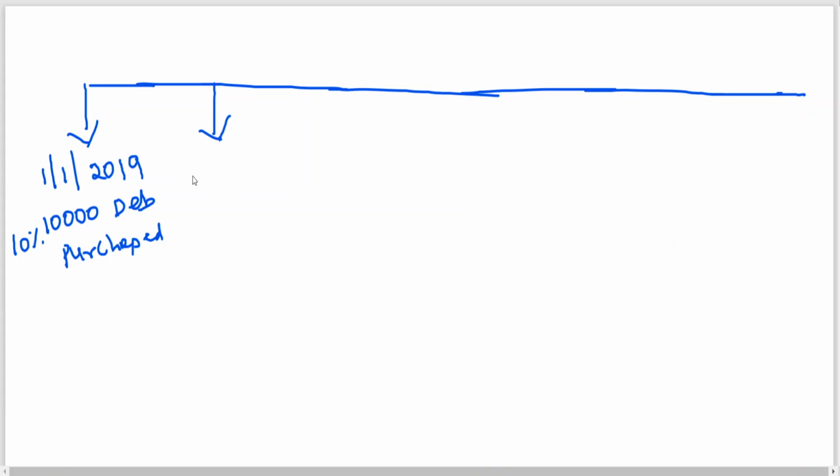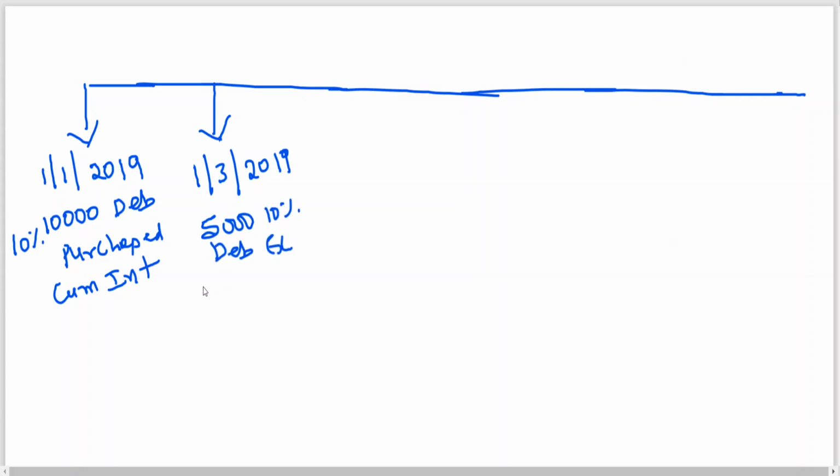Then 1st March 2019, 5,000 10% debentures ex interest purchased.